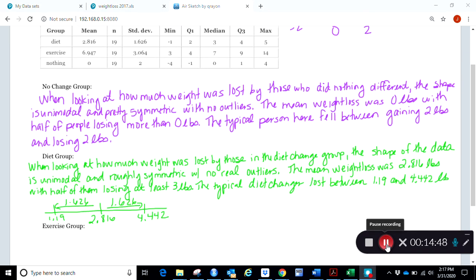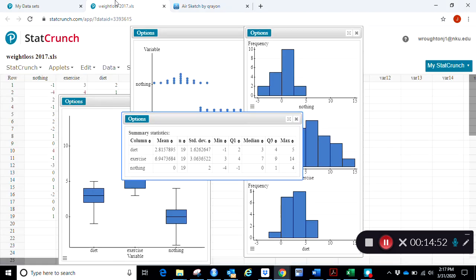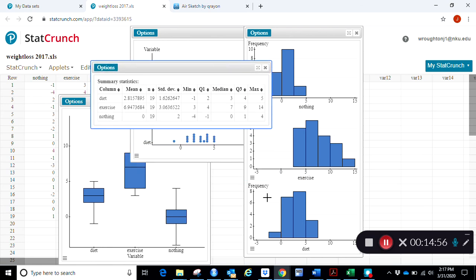Alright, so seeing if we agree here on the diet group. So again, going back and looking at the graph here, here is our diet graph down here. This one does actually look pretty symmetric and unimodal, no point sticking out like a sore thumb, so really no outliers there.